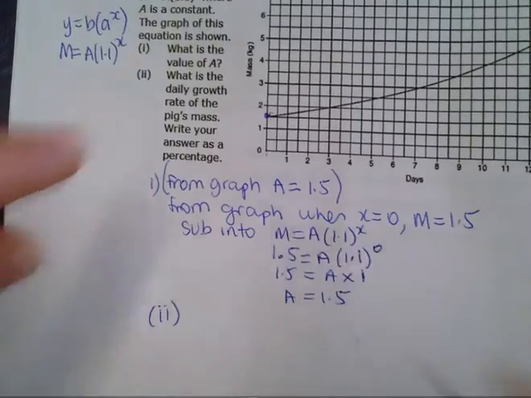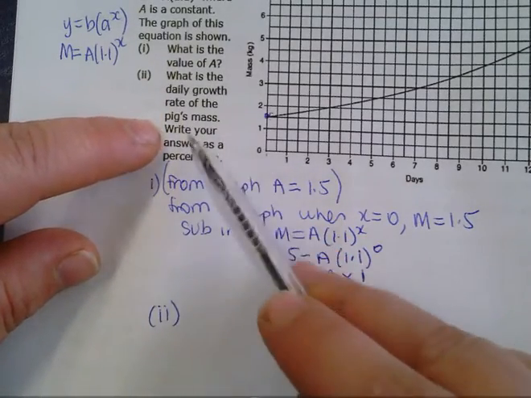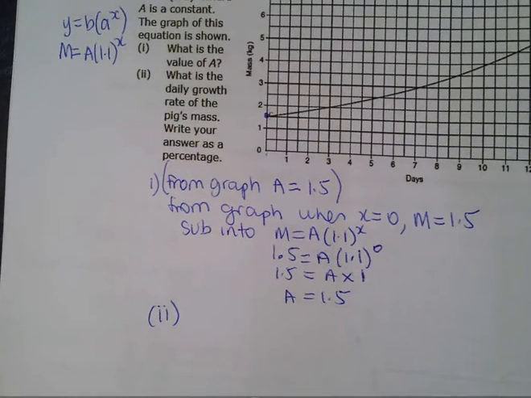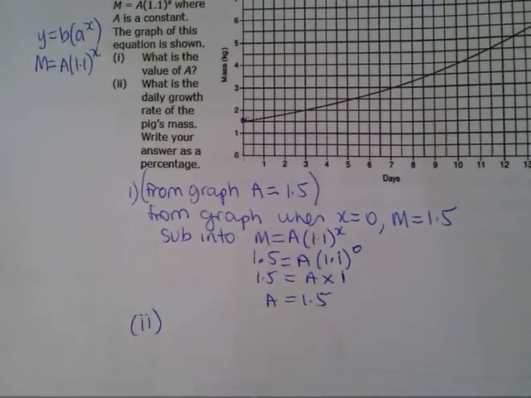So part 2, what is the daily growth rate of the pig's mass? Write your answer as a percentage. You know how we said this type of graph, an example of this type of function, is compound interest? That's what's going to help you, so remember that sort of application.